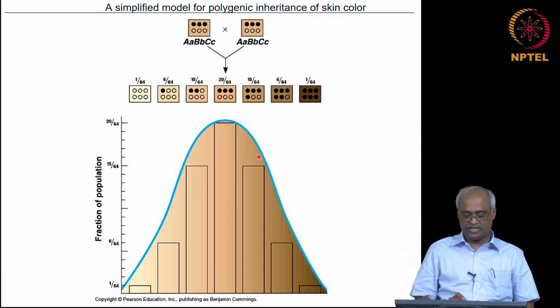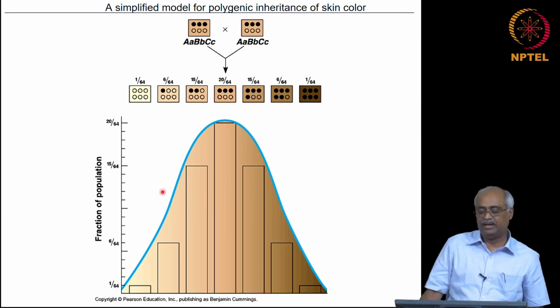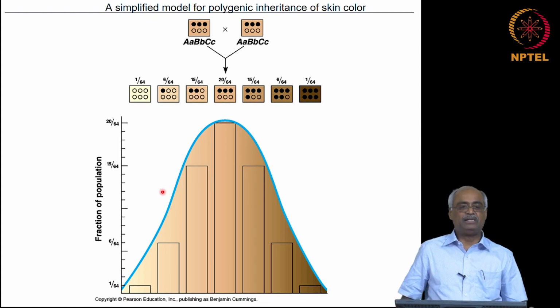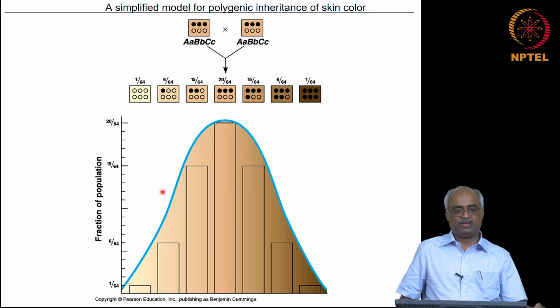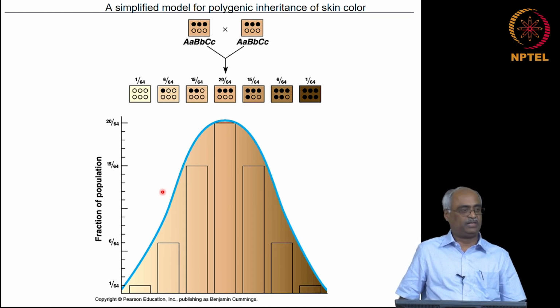So, there will be an average where the number will be maximum. It gives you a bell shaped curve, and that is because of multiple genes each having different alleles, and what combination comes together could determine the phenotypic outcome.